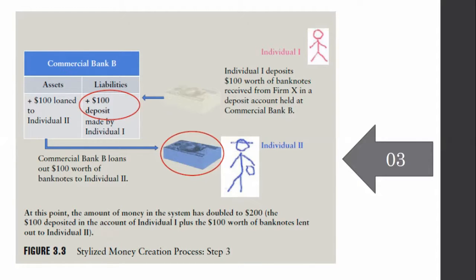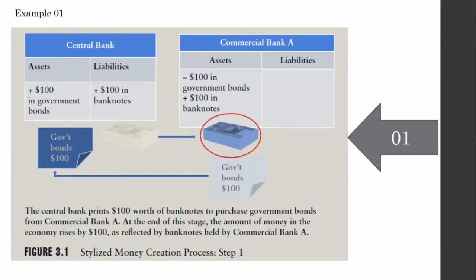So up to now, what happened? If we summarize the steps so far, the first one, what happened? The central bank issued $100 into the system to inject into the system. It purchased the government bonds from the Commercial Bank A. Then Commercial Bank A has the $100 bank notes.